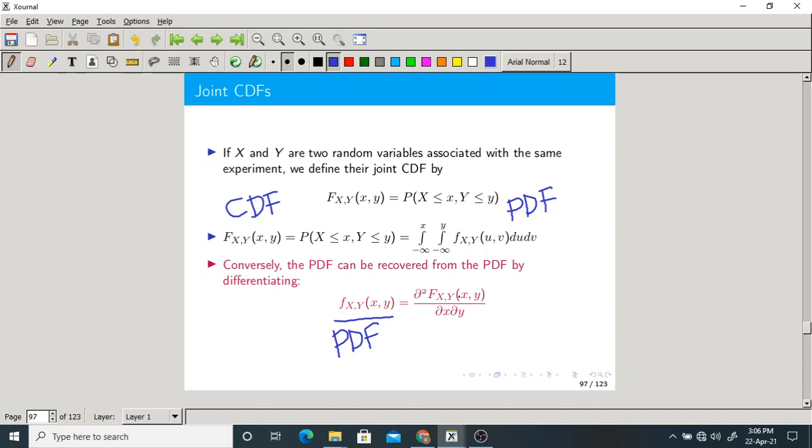Differentiation. Here we do second order differentiation because it deals with two random variables. If there are three random variables, we use third order differentiation. These are very, very important. Clear?